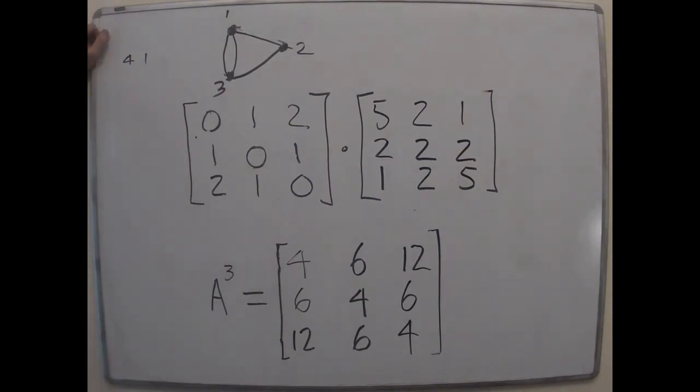How else can I get from 1 to 2, taking a path of length 3, taking a walk of length 3? I'm only seeing 4.